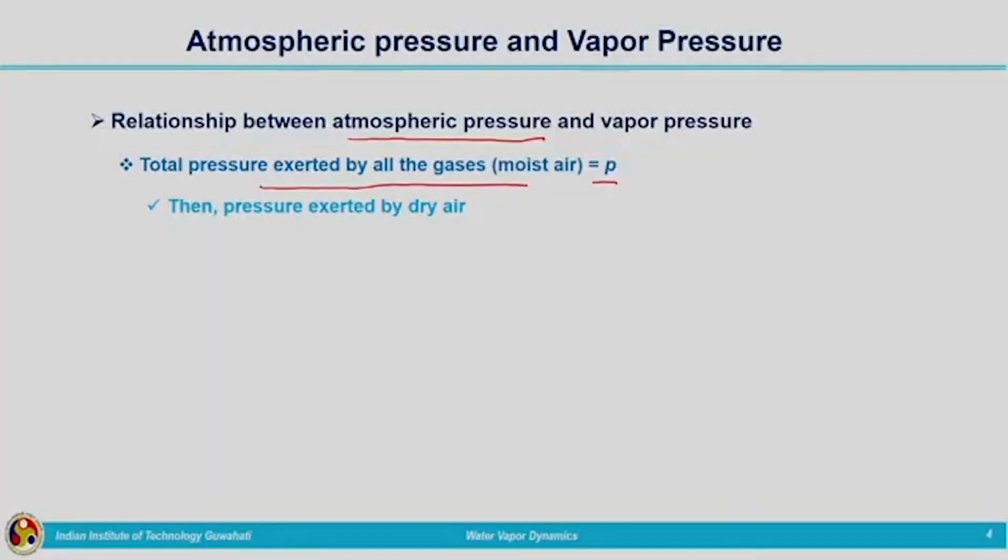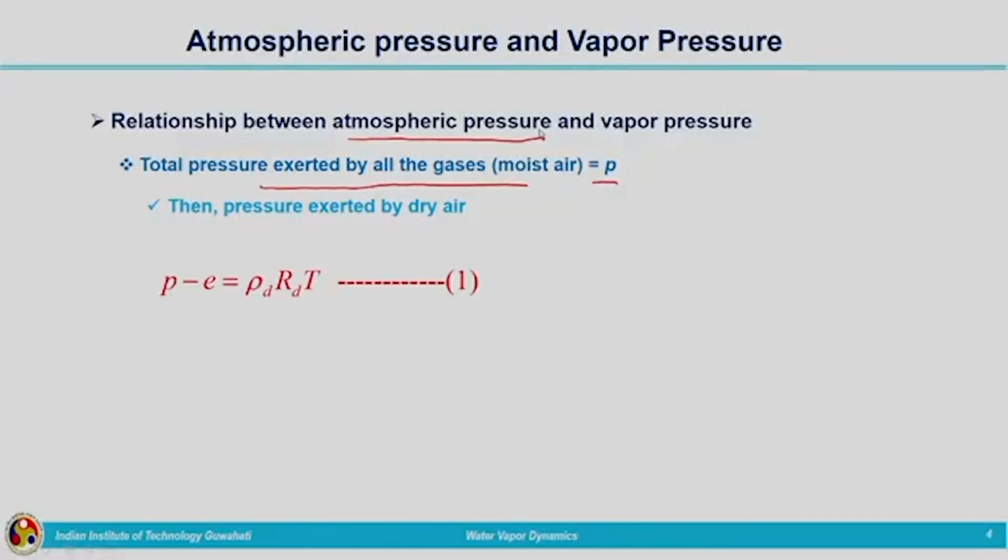So, total pressure we are denoting by means of notation P. Now, the pressure exerted by dry air. So, you look at atmospheric pressure, you look at the air, moist air, in that you can see so many gases along with the moisture is present. If you remove moisture from out of that air, so what you will get? You will be getting the dry air which consists of so many other gases.